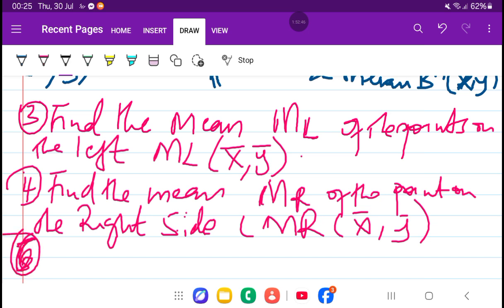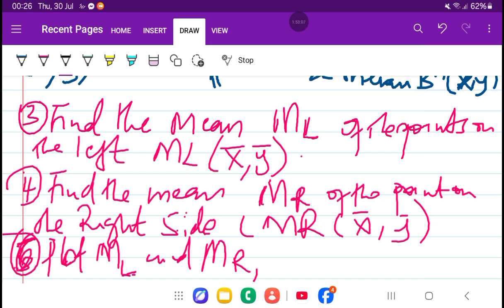The fifth step is for us to plot m left and m right on the same graph.